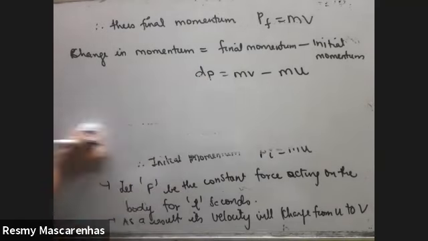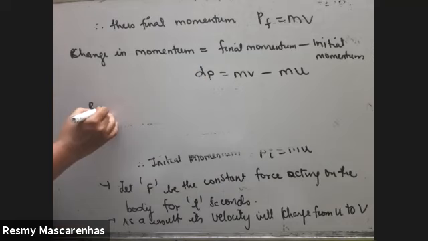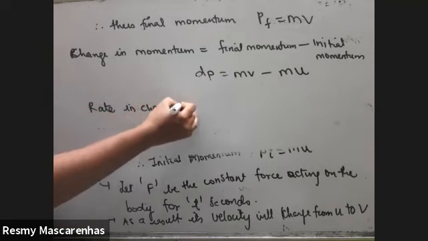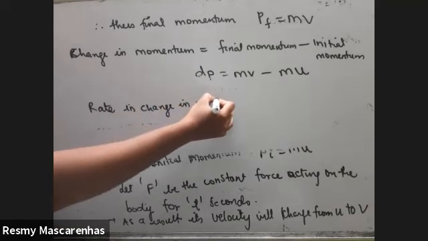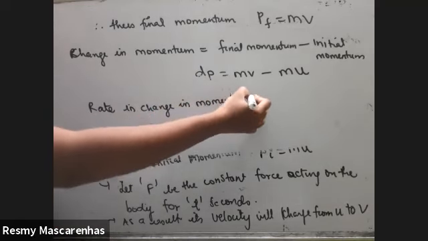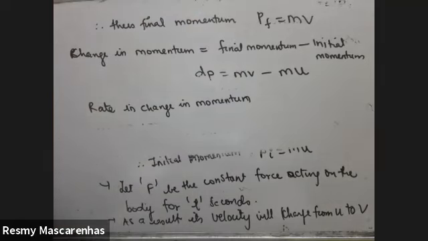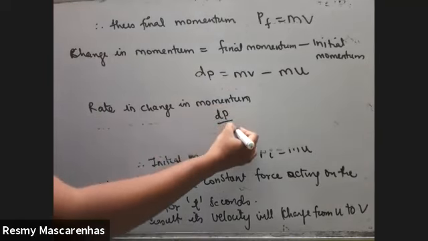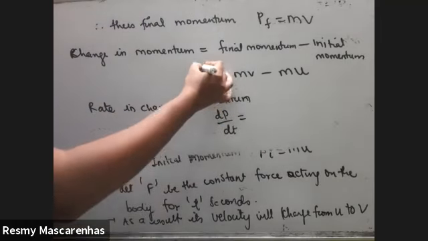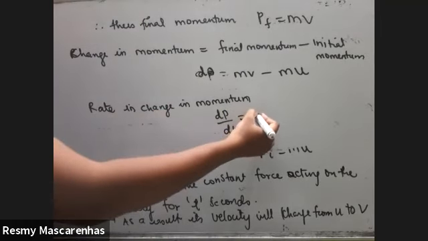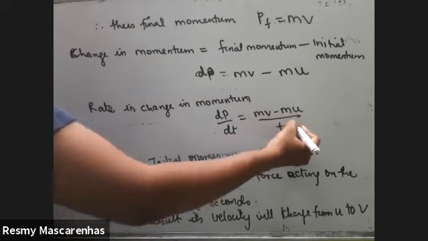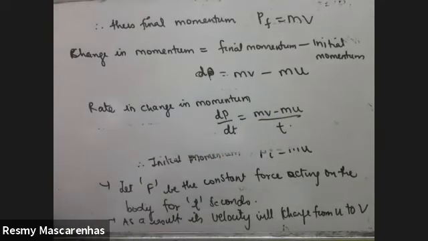Rate of change in momentum means always rate with respect to time. So this will be with respect to time: final minus initial upon time.